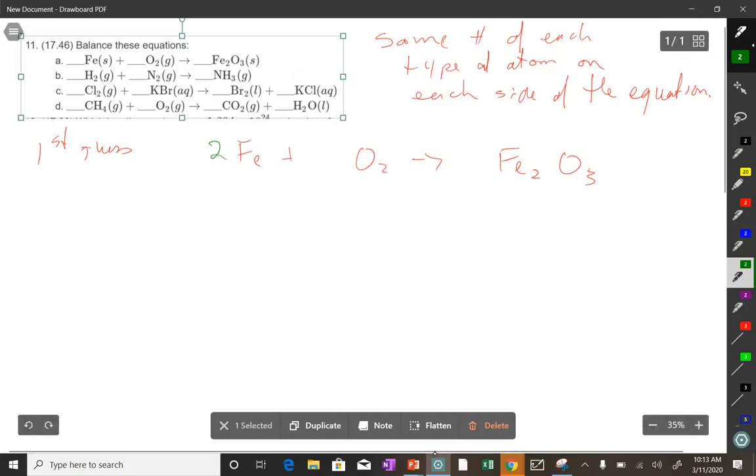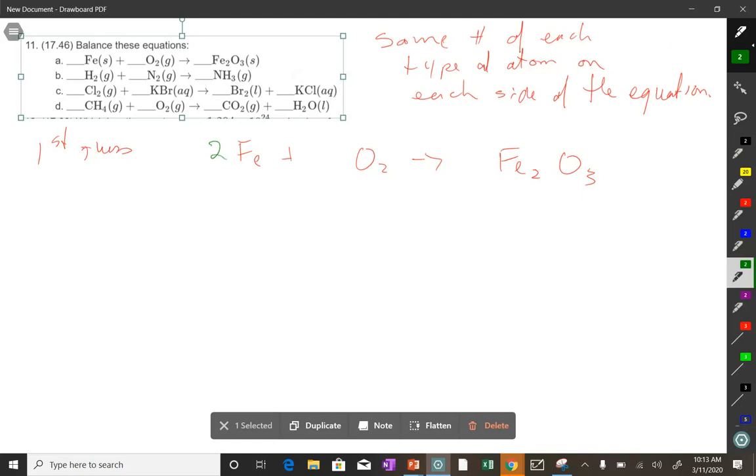So if I have 2 irons, then my irons match up. And now I need to get my oxygen so those match up. I have 2 on the left side and 3 on the right. So how many O2s do I need to get to 3 oxygens? If I multiply by 2 to get 6, no, by 3, 3 actually would give me 6.